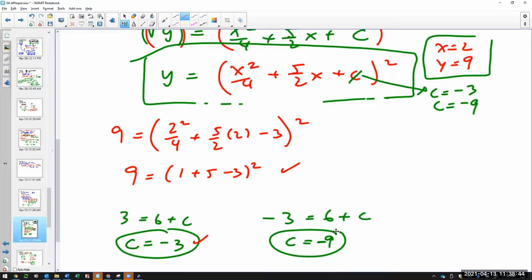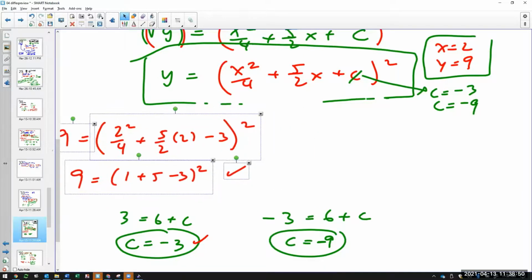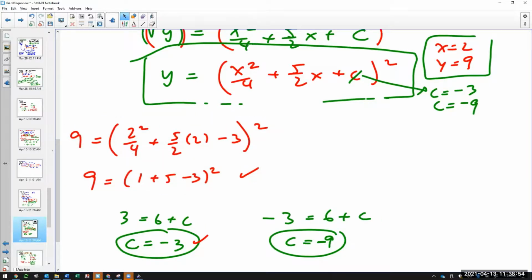Let's try the c equal to negative 9. Okay, so this is for c is negative 3. And in blue, I'll do c is negative 9. So that means y is equal to, okay, my x though is 2.